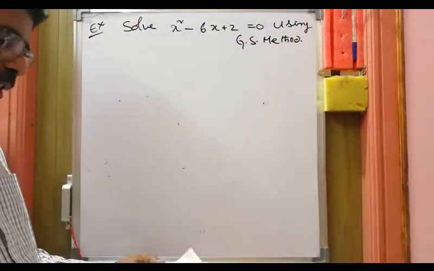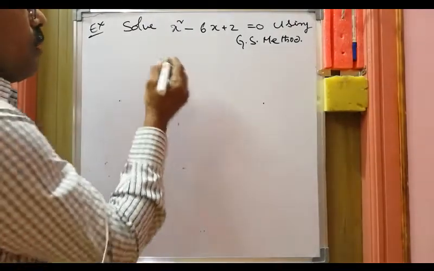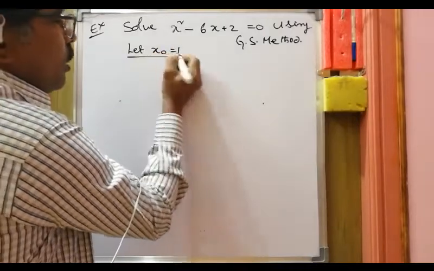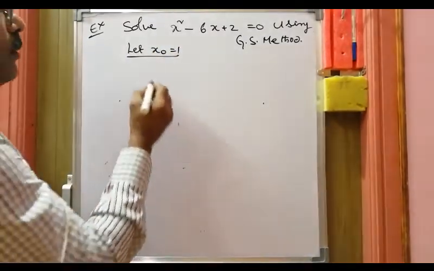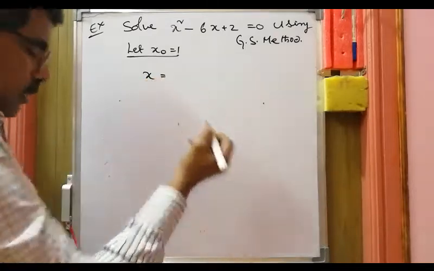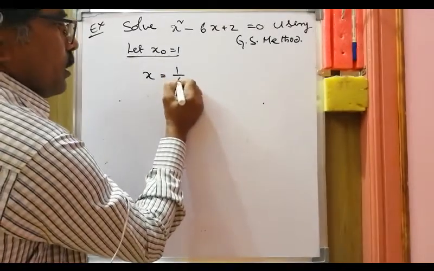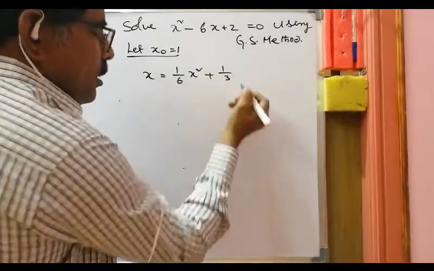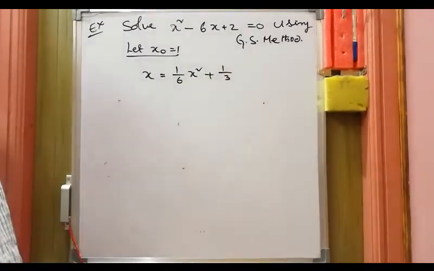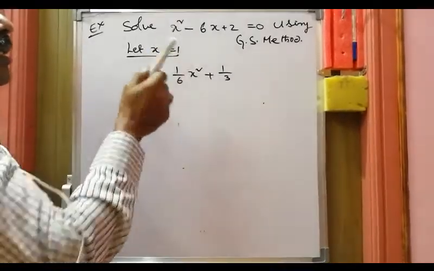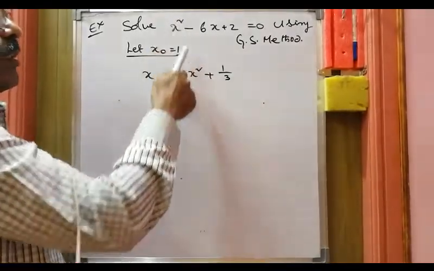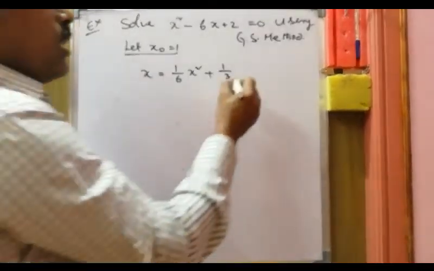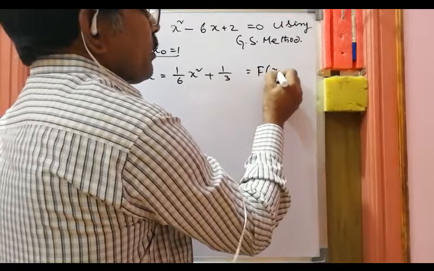So only one equation is given, and let x naught equal to 1. And what is x in this? x is 1 by 6 x square plus 1 by 3. So I am just extracting x, it becomes 1 by 6 x square plus 1 by 3. So this is nothing but f of x rather.